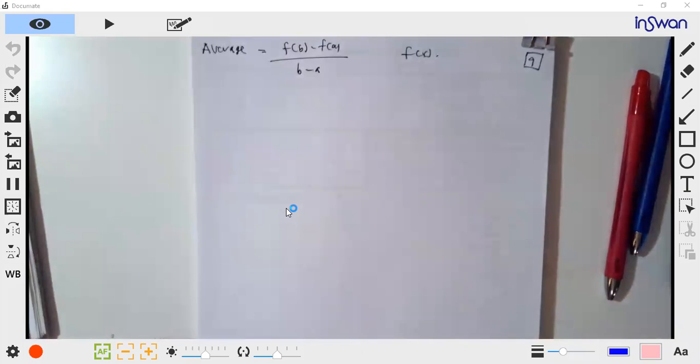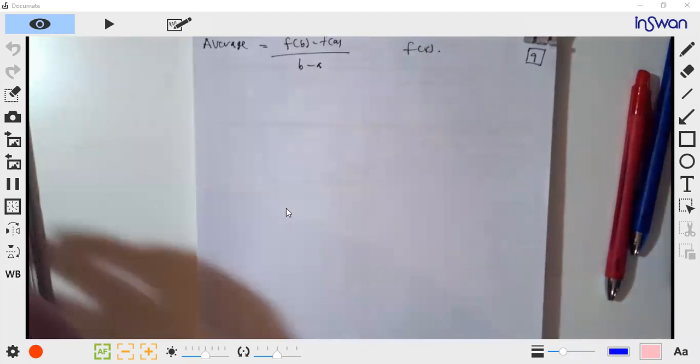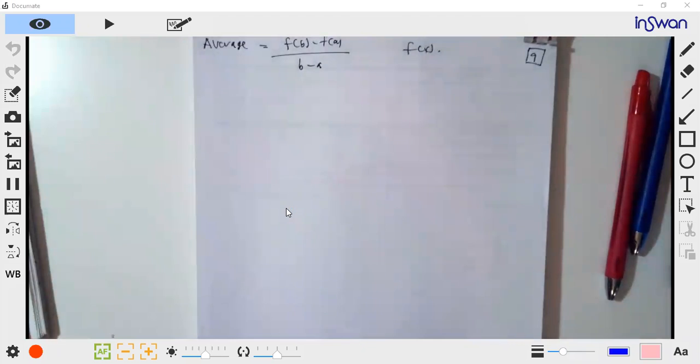That would give you the average of the function, or the average speed if it's quantifying the speed, if you will. It just depends on what f of x is quantifying.